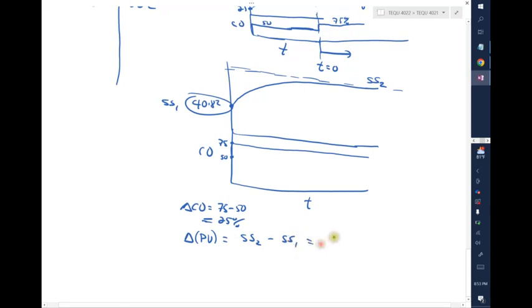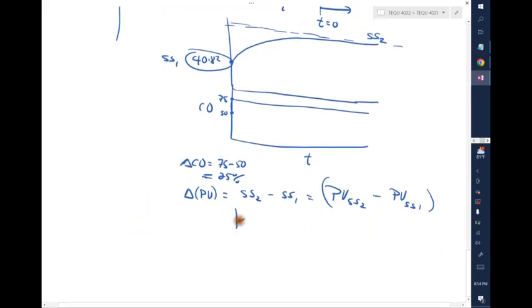Sometimes I call it PV SS2 minus PV SS1. So that difference will allow me to calculate at least KP, because KP for this system is going to be PV SS2 minus PV SS1, all that divided by, in this case I have the numbers, 75 minus 50.